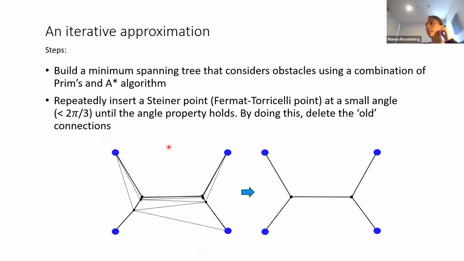And then we repeatedly insert nodes where we have an angle that is less than 120 degrees. If we do that repeatedly, removing the edges that have been there before, in some cases it converges to the actual minimum solution. In some cases it looks different from the optimal solution, but we get an improved approach for interconnecting these nodes that approximates the Steiner minimal solution.